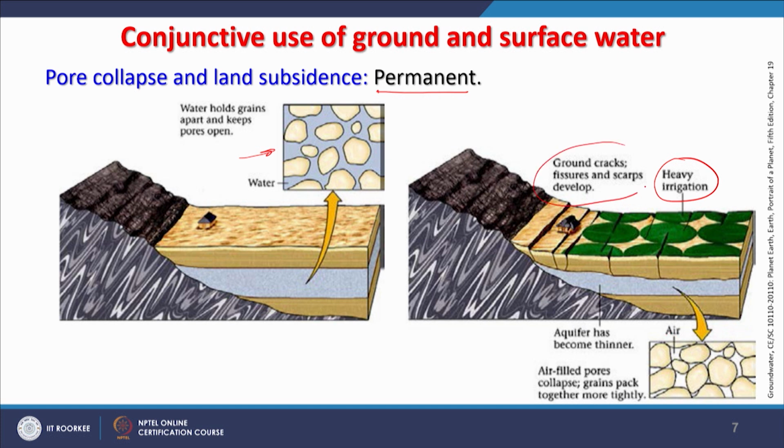Groundwater fissures and scarps develop. As you can see, it is collapsing, and these are the signatures of collapsing. See what happened here. Now your pores are not saturated with water, now they are saturated with air. So, your aquifer becomes thinner, air filled pores collapse and grains pack together more tightly, and the result is subsidence, and there may be even damage to the houses, roads and other things also.